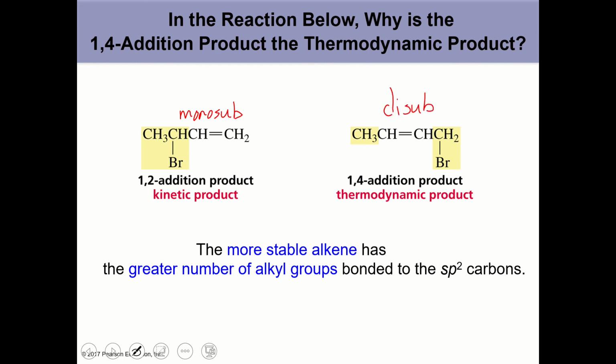And actually, when we do the 1,4 addition product, because we're going through a cation, we form a mix of the trans and the cis, or E and Z. And you have to remember that even in that, the E product should form more than the Z product because the E double bond is more stable than the Z double bond.